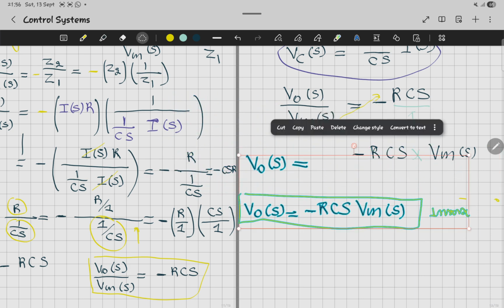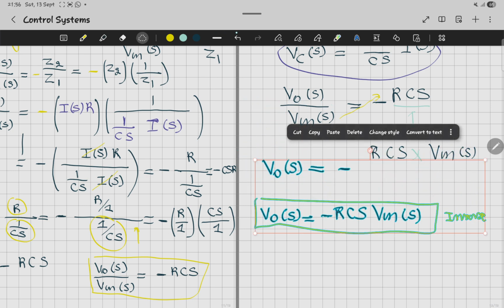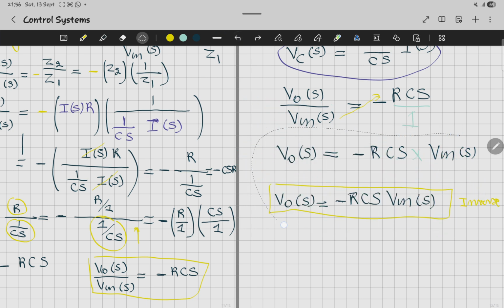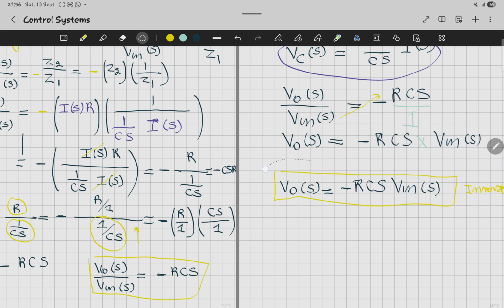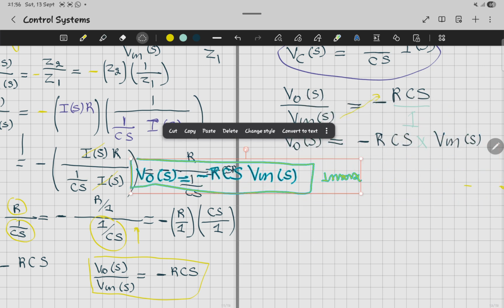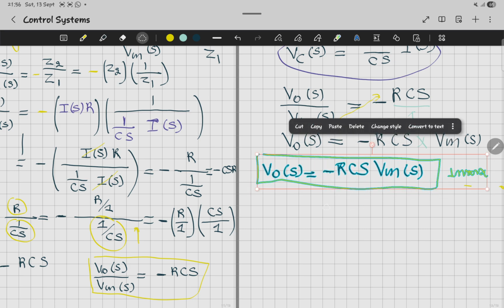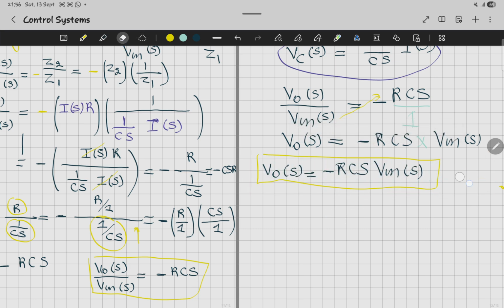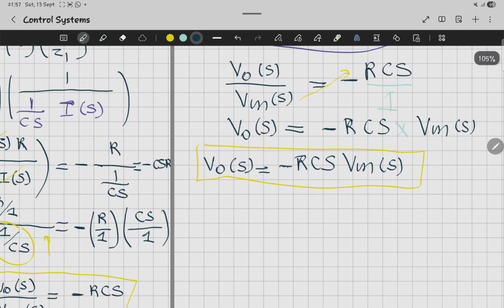Let me make some more room. Okay, here at least we got enough space so that I can show you everything.